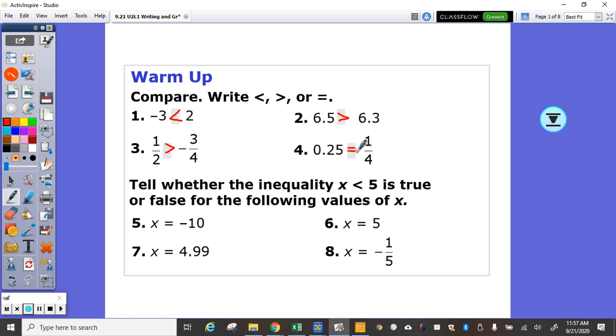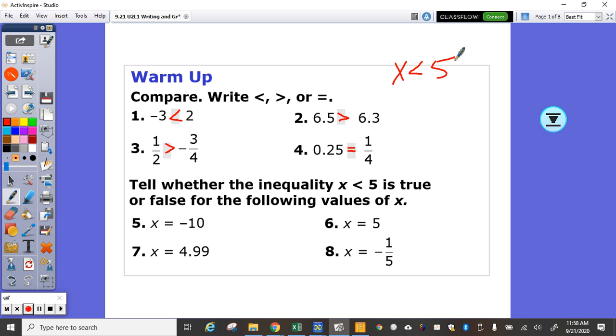So then tell me whether the inequality x is less than 5 is true or false for the following values of x. X is equal to negative 10. Are there any values, again, this is a trick to it, okay? How many solutions, if I say to you x is less than 5, how many solutions of x are there? Infinite.